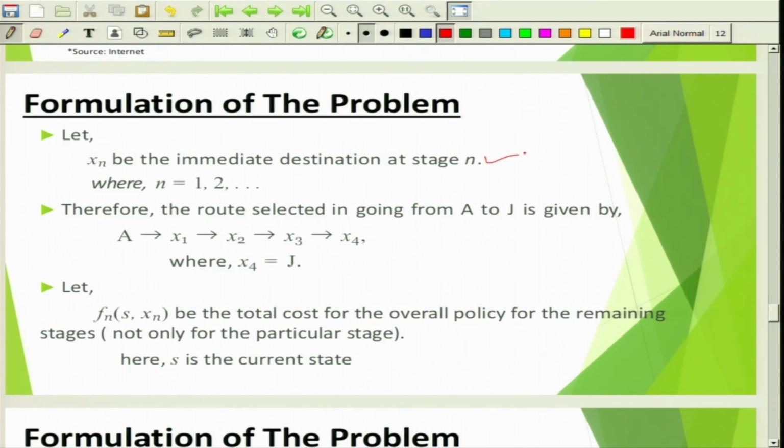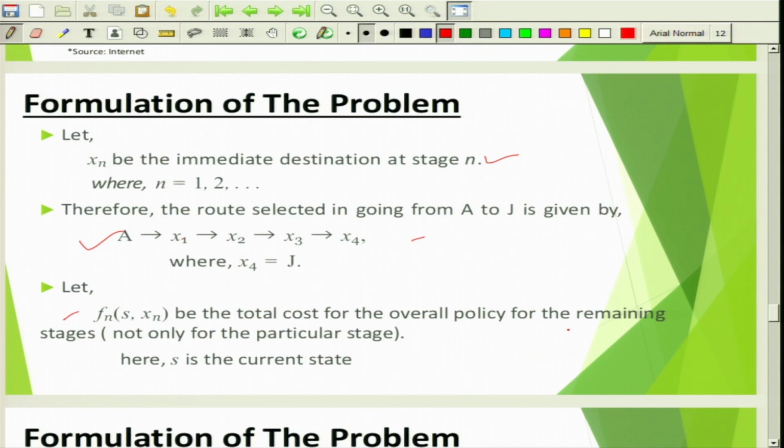Let us say you are interested to reach from A to J, and the routes selected in going from A to J is given by A to x1, x1 to x2, x2 to x3, then x3 to x4, where x4 is your destination which is J. Let Fn of s comma xn be the total cost for the overall policy for the remaining stages, not only for the particular stage.